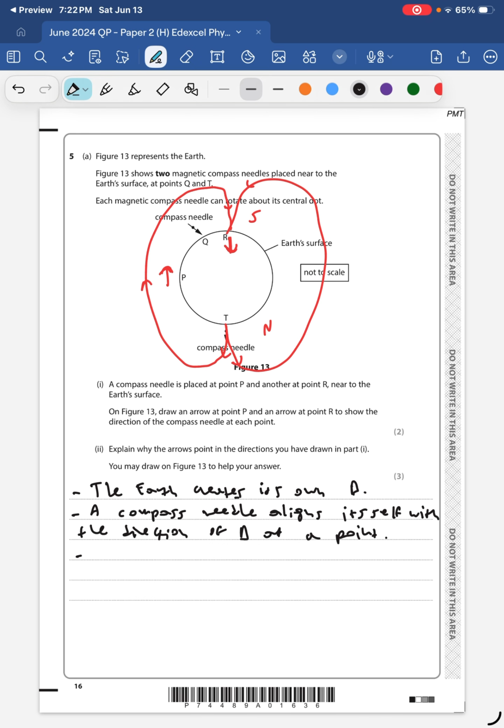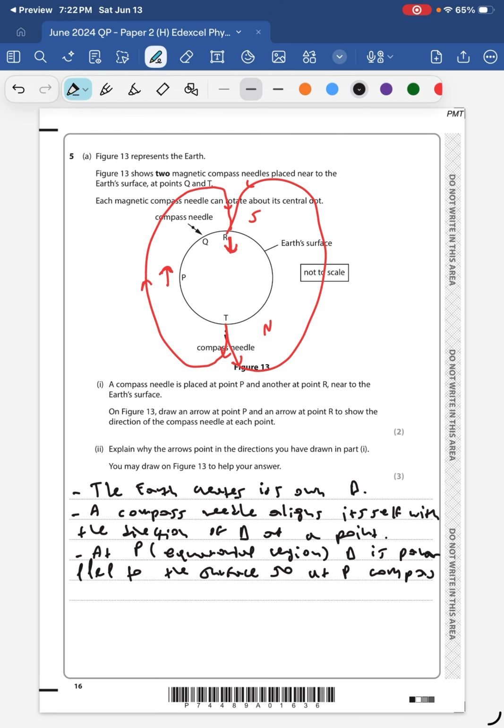Okay, so at P, which is the equatorial region, B is parallel to the surface. So at P, compass points up. Okay, and again, B is the magnetic field.